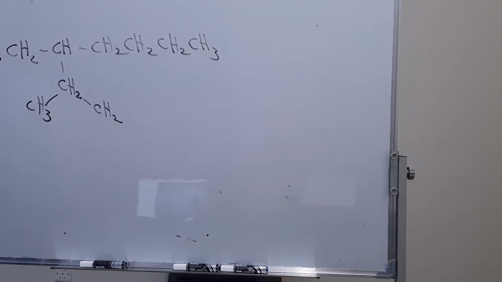Okay, so let's see what is the longest continuous chain of carbon atoms? I'm just waiting for your answers. How many? All of them. 7. 7, but what are they?